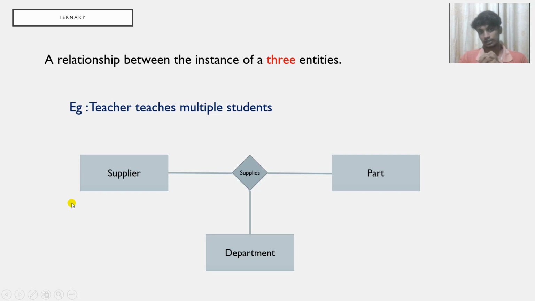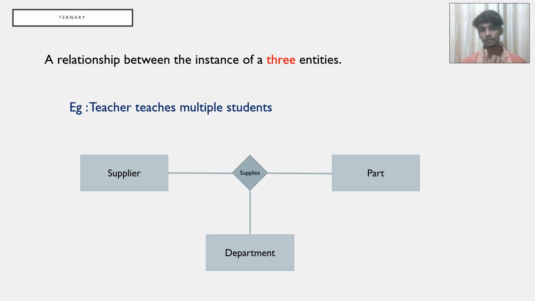And the ternary. A ternary relationship is between the instances of three entities. In the first one, the unary exists in one entity, self-referencing or recursively self-referencing. In the binary, there were two entities. And in the ternary, there are three entities.